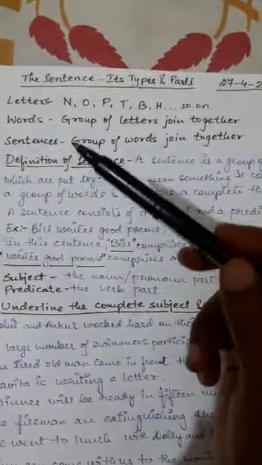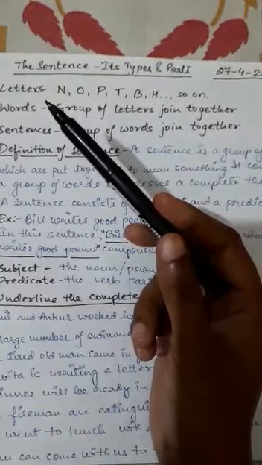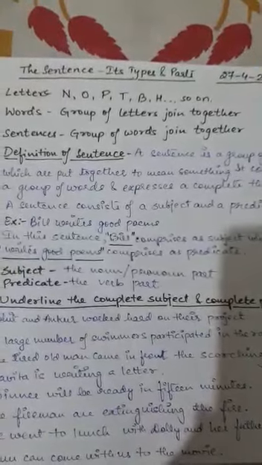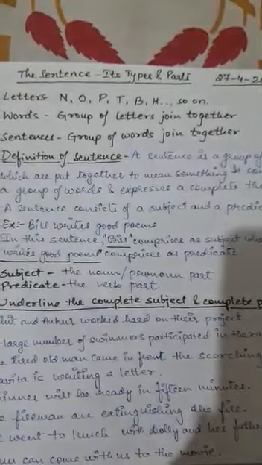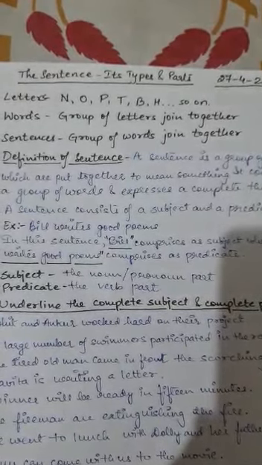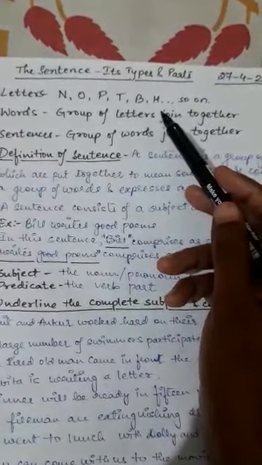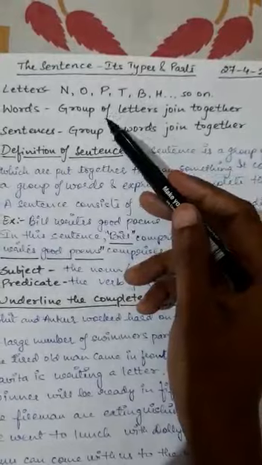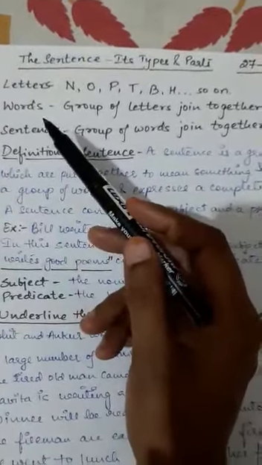First of all, we have to know about letters. You all know what letters are? The alphabets. We learnt in our very initial age ABCD. Letters are called alphabets as well as letters. Those letters, when joined together, are known as words.